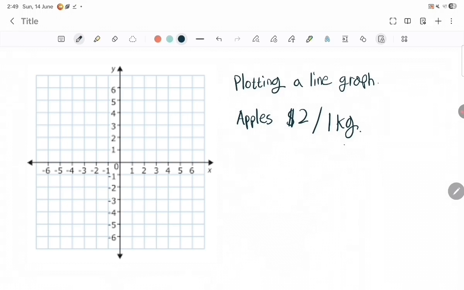So if you wanna buy 1 kilogram of apples, then you have to pay $2. Then what about if you want to buy 2 kilograms? Then probably you have to pay like $4.